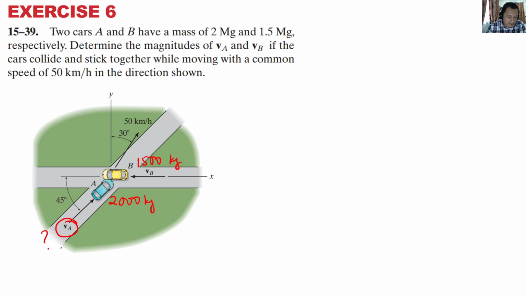VA we don't know, VB we don't know, but they crash. Upon crashing, it was observed with a traffic light CCTV that both of them are traveling at 50 km per hour in this direction.